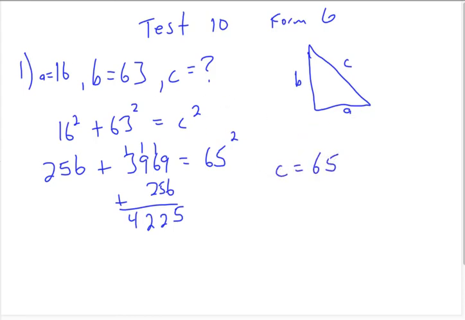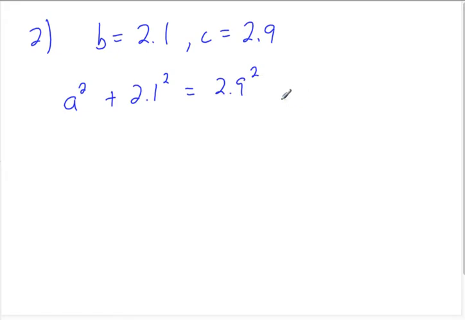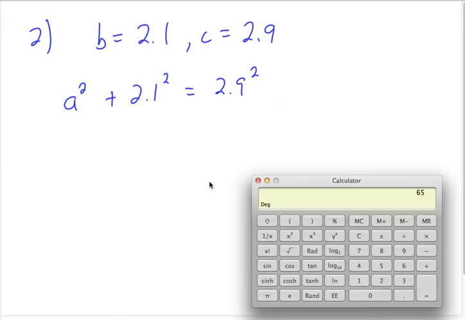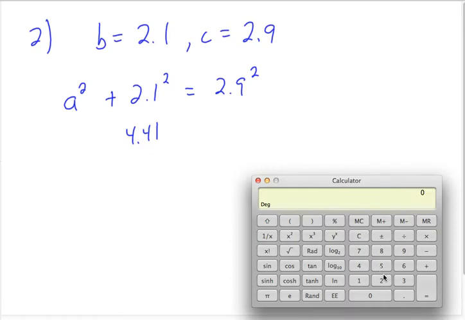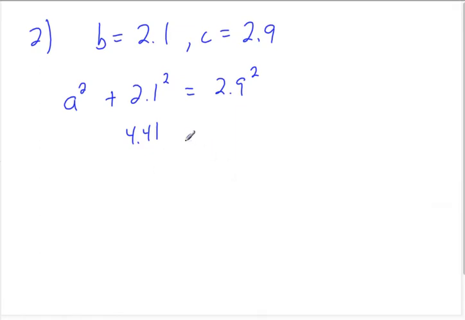Alright, next one. If B equals 2.1 and C equals 2.9, still using that picture from before, we are going to do A squared plus 2.1 squared equals 2.9 squared. 2.1 squared is 4.41, and 2.9 squared is 8.41.